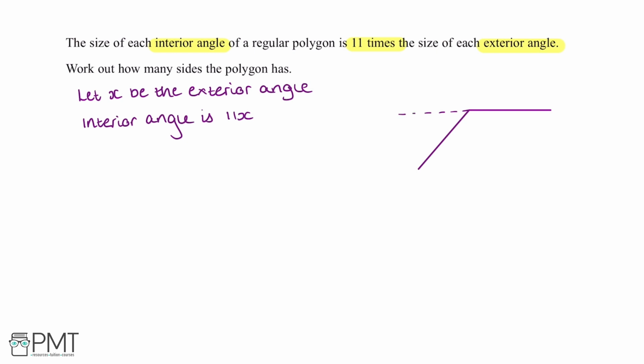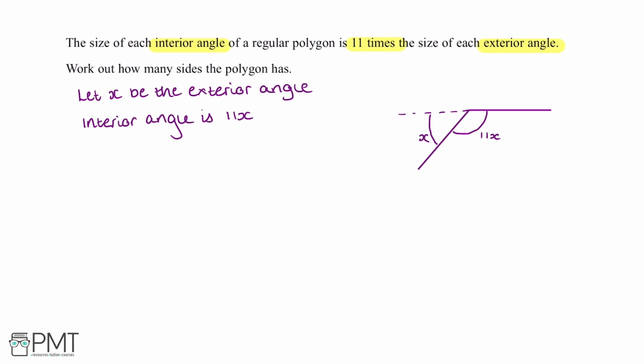Now if we draw a diagram which is zoomed in on 2 side lengths of the regular polygon, then this interior angle here would be equal to 11x. And because the exterior angle is measured from this dotted line here, this makes this angle here the exterior angle, and we can label this up as x.